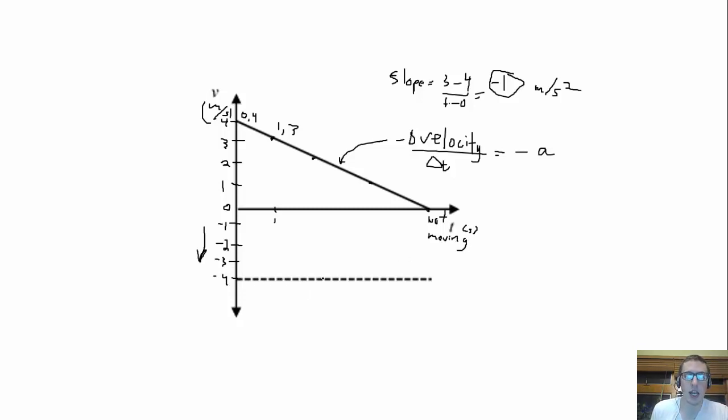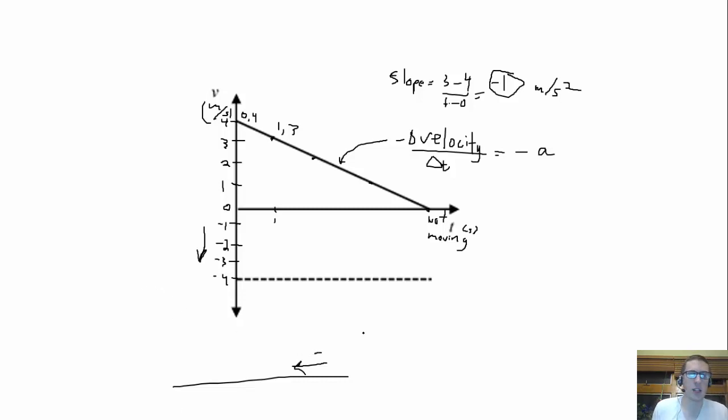This is a negative 4 meters per second velocity. And again, it's not accelerating at all, but it does mean that you are going negative 4 meters per second. If this is your number line, down here, it would be 4 meters per second in the negative direction, is what that could mean.